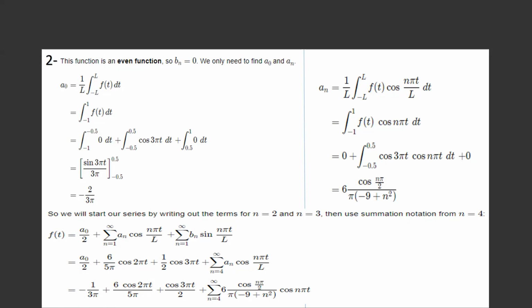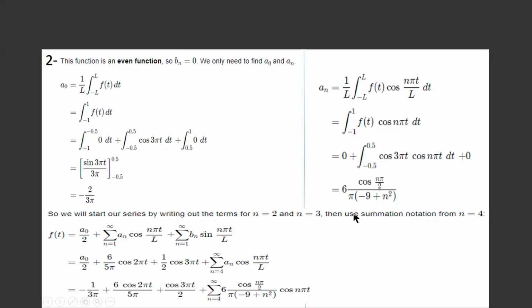It is supposed to be 6 over 5 pi. So this is A1, right? So A1 is supposed to be 6 over 5 pi. If you replace n by 2, you will have A2, and A2 is supposed to be 1 over 2.